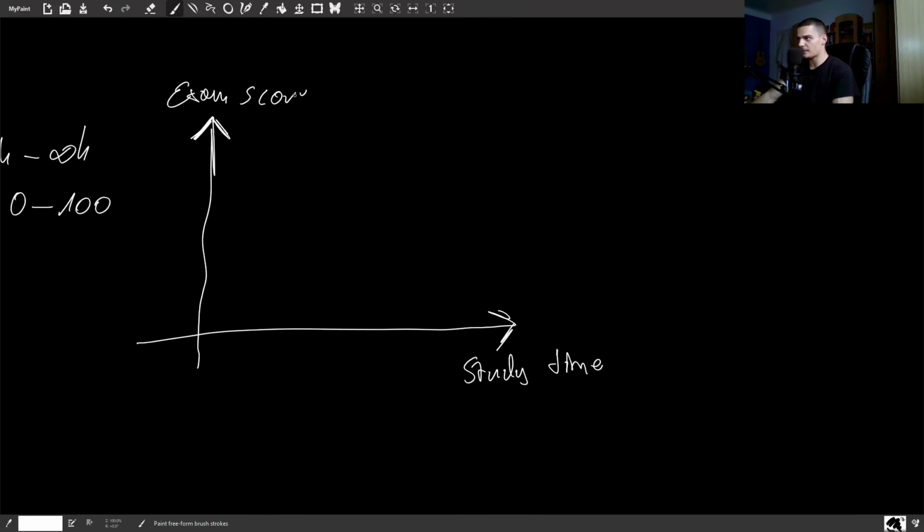Now, if we were to visualize all these points, we would probably see something like that with a bunch of data points here. People who don't study at all and get pretty low scores. People who study a little bit get better scores, but still some that get pretty bad scores and all that. And we can see all these data points, people that study a lot and get a lot of points or a very high score. Then some people who study a lot and don't get very good grades at all. Some people who don't study at all and get very good grades, those are the outliers. But most of the points are going to be somewhere here in the middle.